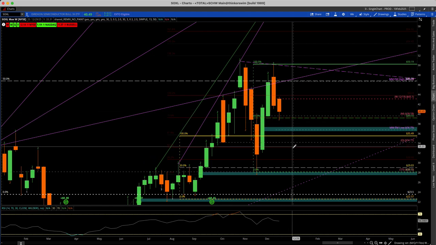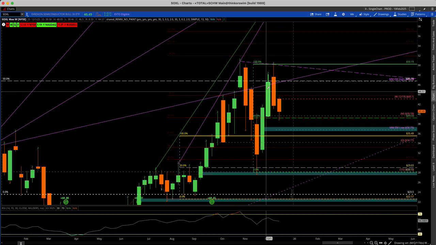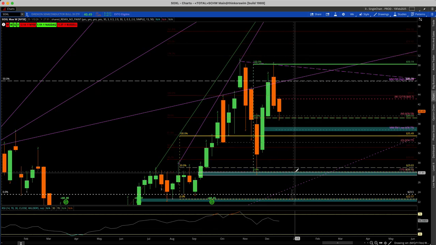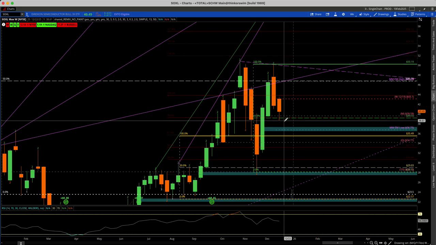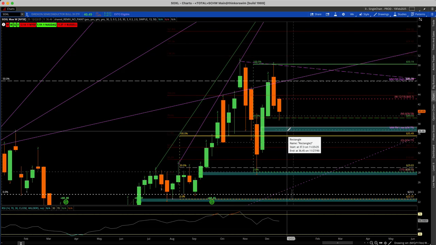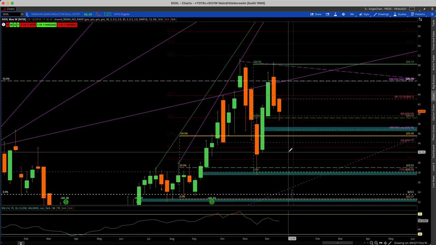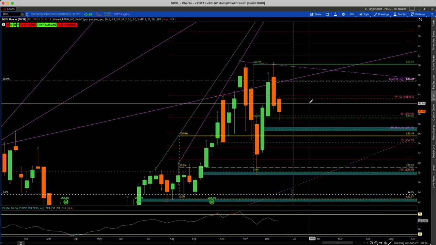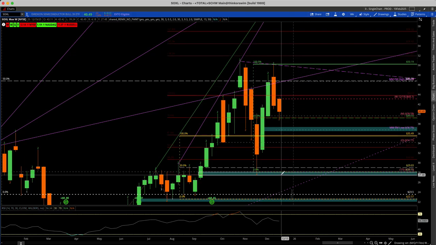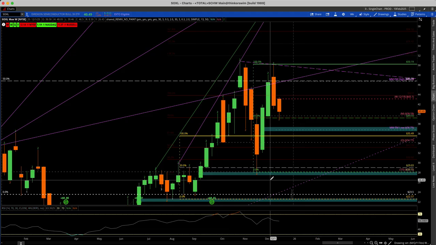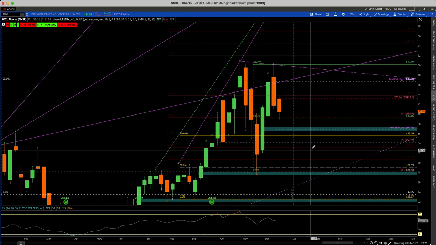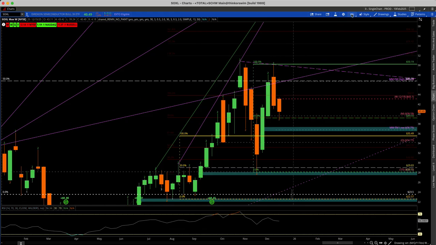Now, if we continue to drift down and we break this low, now we've got a lower high and a lower low, and we're starting a downtrend back to the downside. So you can see this gap here that could be a magnet, right? If we push through there and we're able to continue to be pulled back, this would probably drift into 2026 by this point, but we'll see if that gap does get closed to continue to pull us down and give us a lower low on the week to week count on the week chart.